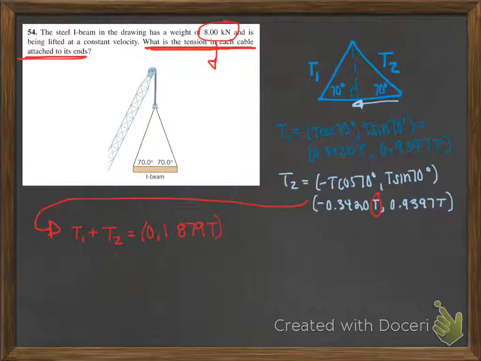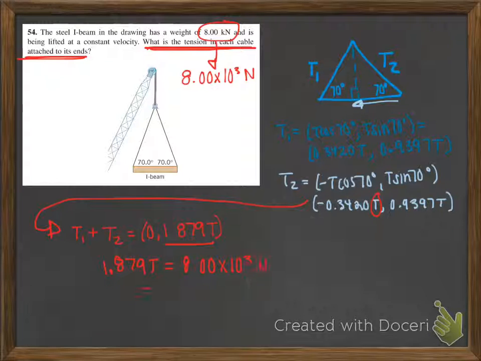Now, because you only have a y component, that y component will have to equal its weight because of Newton's law that states equal but opposite forces are acting on each other. So that y component has to equal 8 times 10 to the third newtons, and you end up with T equals 4,260 newtons.